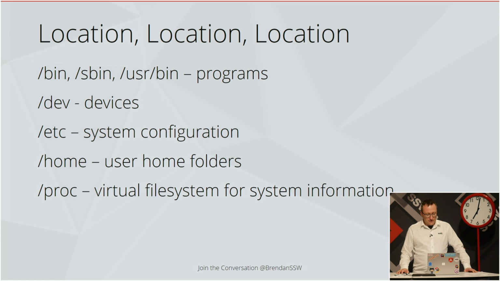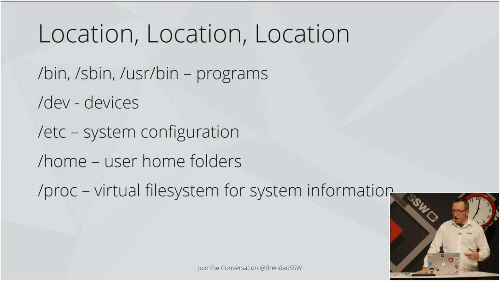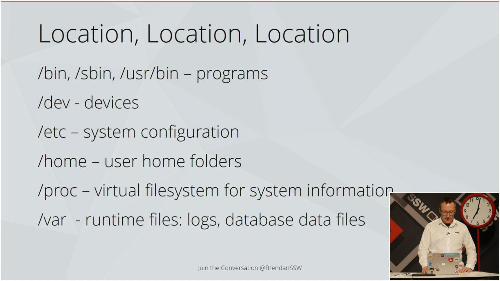Then /proc is a virtual file system for system information. It puts nodes on that tree structure that let you query stuff about your hardware and about running processes. And finally, /var is for runtime files. If you've got a program that makes logs, it'll write logs to /var. If you've got, say, a database, the data files for that database will typically sit under /var.